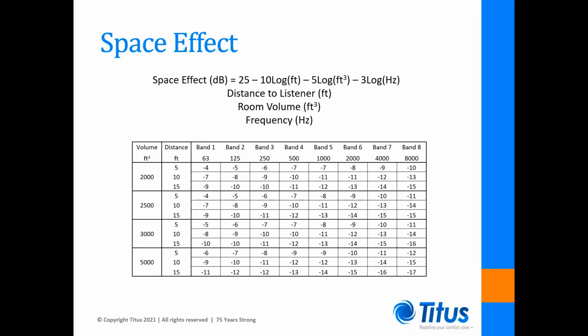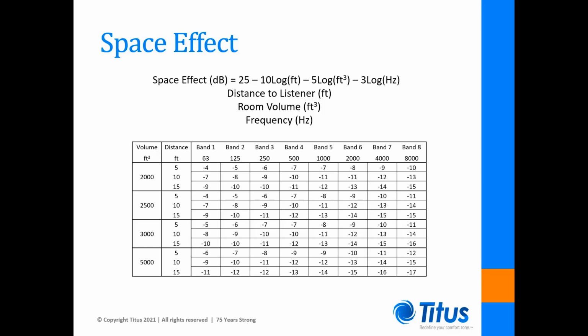First of all, you might be surprised to note the entire volume of a room creates a space effect that can be applied to each of the units serving it. The software should ask for room dimensions and a distance from the listener to the unit so that the space effect can be calculated. The calculation is rather straightforward.